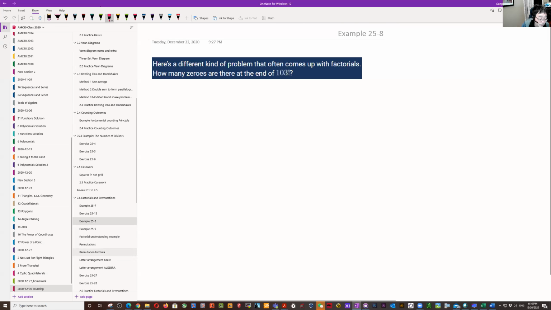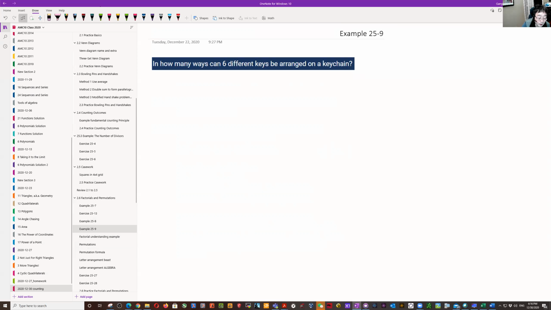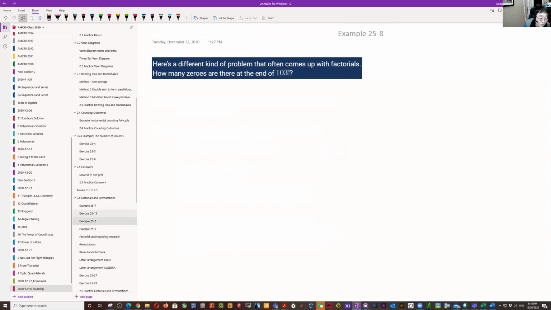In factorial problems, they do a lot of questions like this. Let me do some factorial problems that are a little bit tricky. For example, how many zeros are there at the end of 103 factorial?